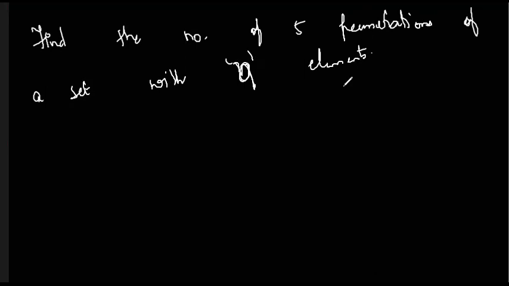So over here, what is the total number of elements in the set? N is equal to 9, while the permutations that we are supposed to find is for 5 elements. So R is equal to 5.